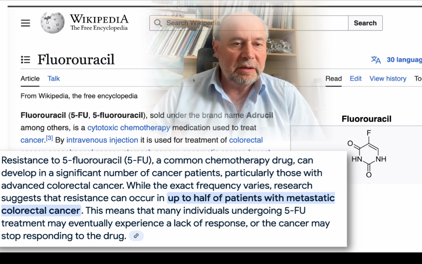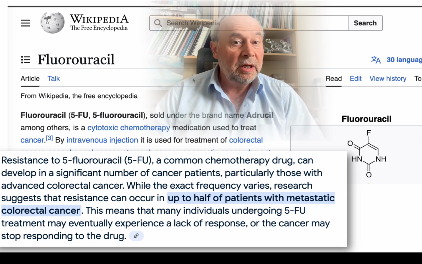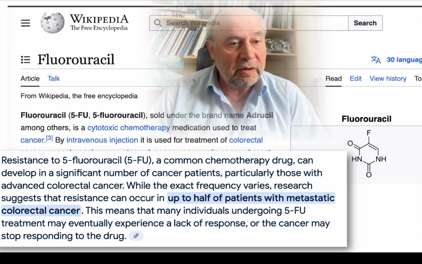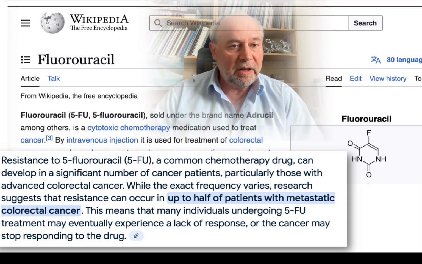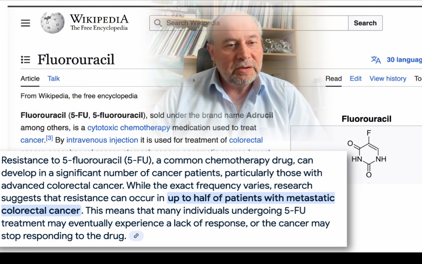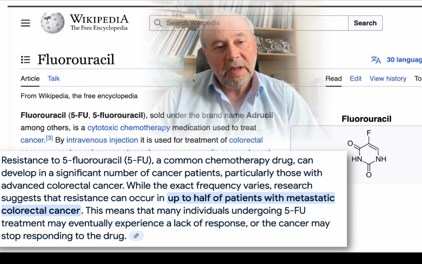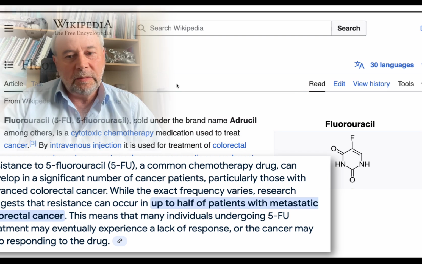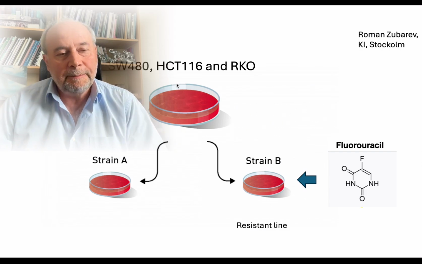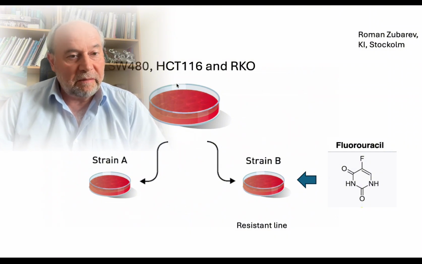For instance, for metastatic colorectal cancer, about half of the patients actually develop resistance to that drug. So that's why it was important for us to understand the mechanism of resistance. Together with my colleague in Stockholm at Karolinska Institute, Roman Zubarev, we did several experiments.